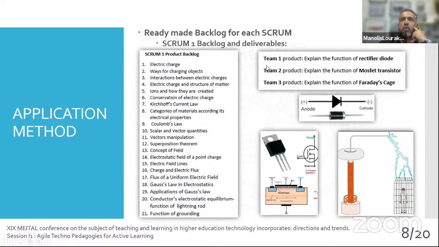So team 1, at the end of the 3 sprints, had to explain the function of the rectifier diode, the other team the MOSFET transistor, and the last team the function of the Faraday cage. But in their presentations, all these items should be evident.